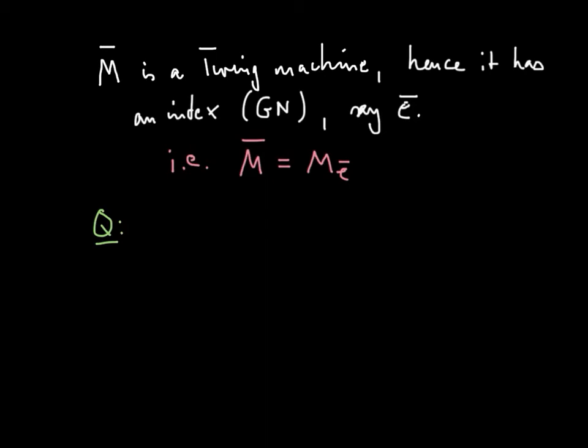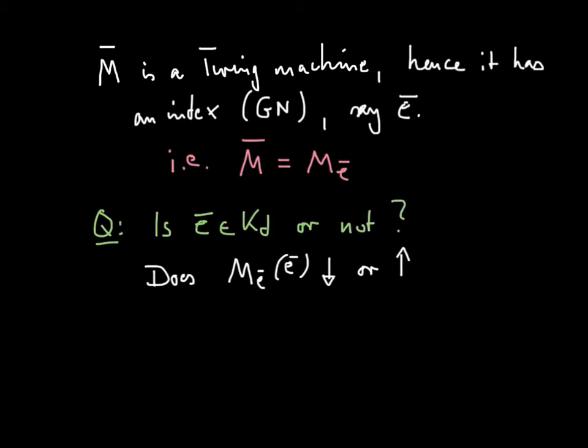And we can now ask, is E bar in KD or not? In other words, does m sub E bar on input E bar halt? In that case, E bar would be in KD. Or does it not halt? In that case, E bar would not be in KD.